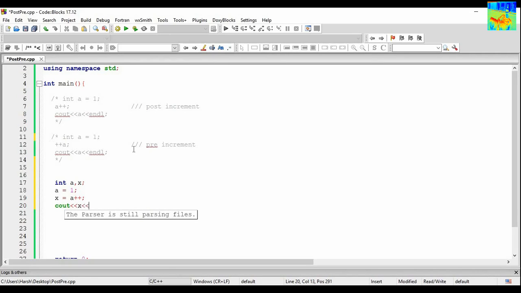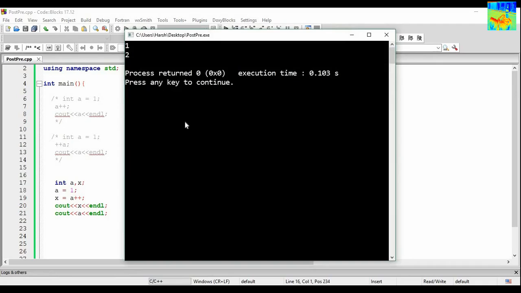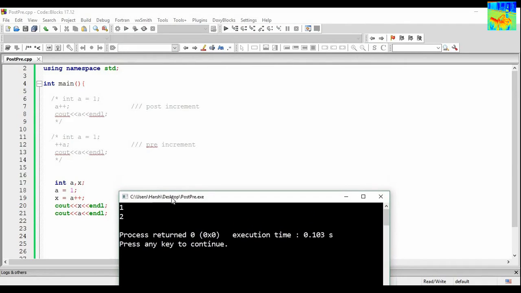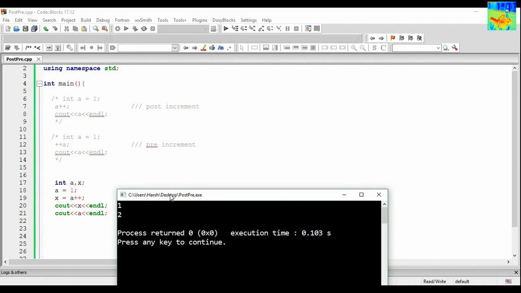So cout x, end line, cout a, end line. Okay, so what will be my output? Let's see. So the value of x is 1 and the value of a is 2.